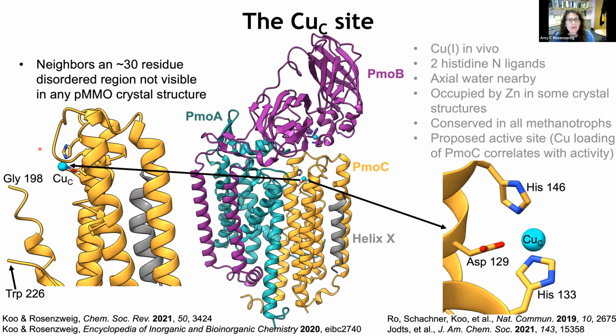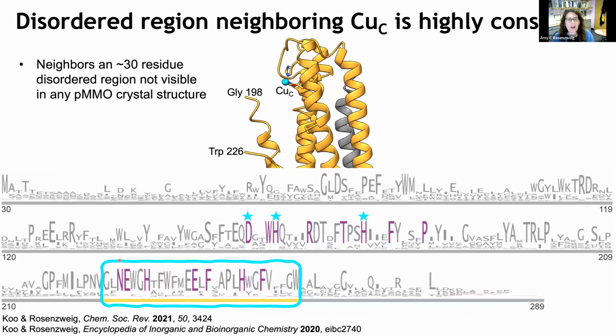And that was compounded by this rather disturbing finding that we had after amassing more and more sequences of PMOC. What we found is that that region that we can't see in any crystal structure, which is shown here in this sequence logo, that region is the most highly conserved part of PMOC. So in these sequence logos, the big letters mean that things are highly conserved.